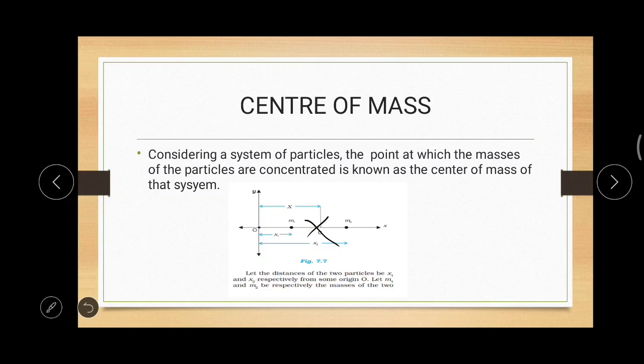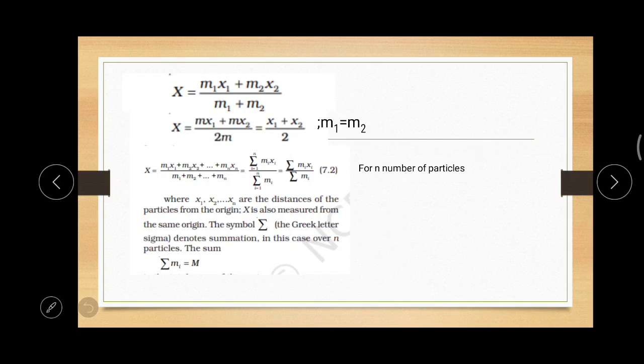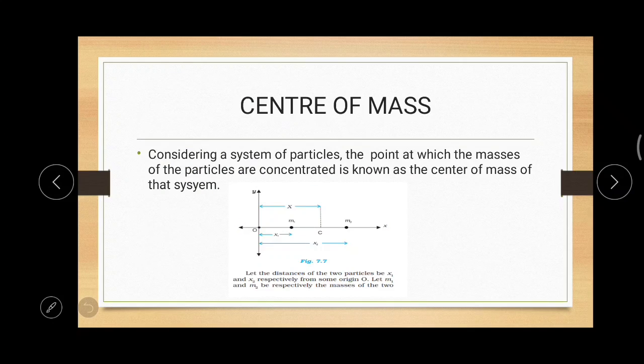So the equation to find the coordinates of that center of mass is x equal to... we are considering only one dimension, m1 and m2 arranged linearly, not in a plane, just on the x axis. So we have to find the x coordinate of that center of mass.